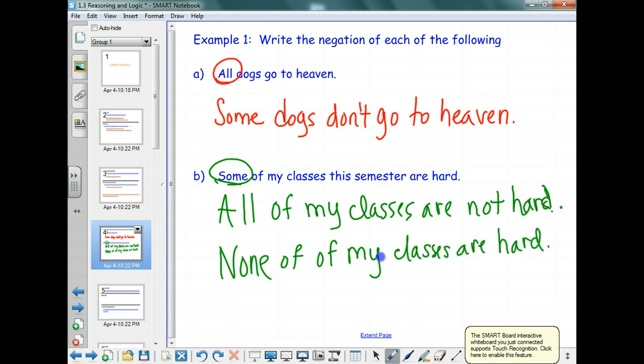So notice, by changing it that way, the rest of the phrasing actually didn't change at all. But both of those pieces that I wrote down in green have the exact same meaning, don't they? They're just phrased differently. And that's okay.